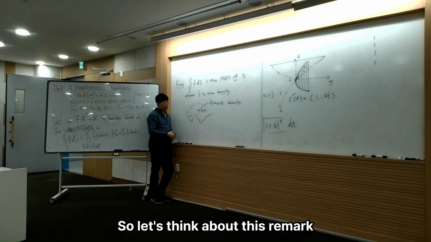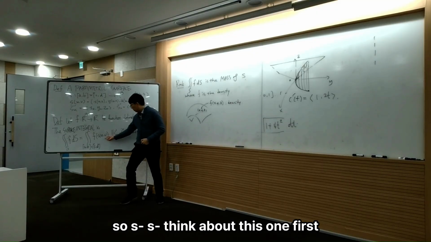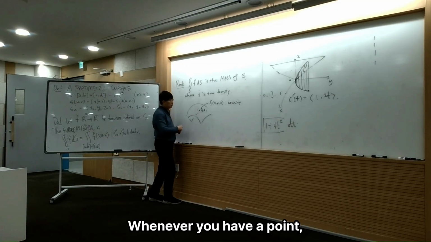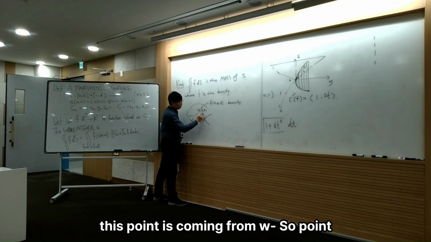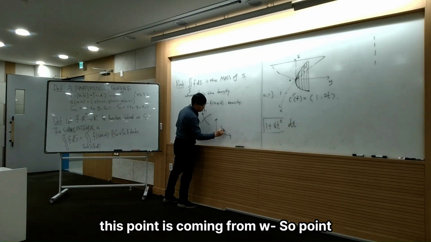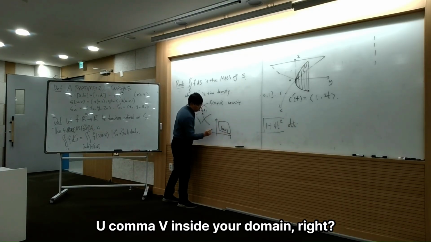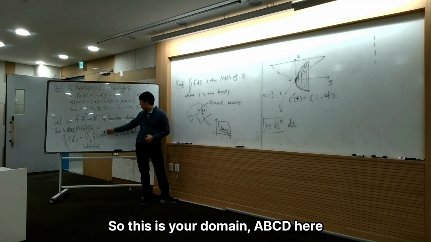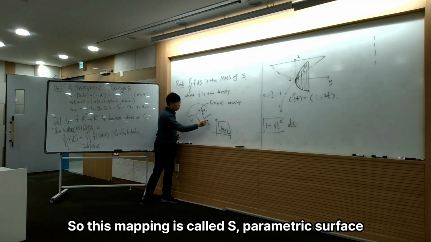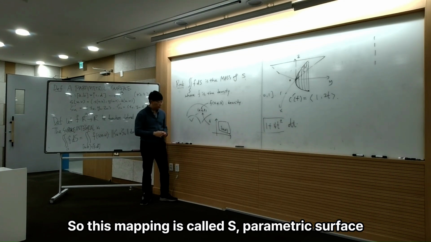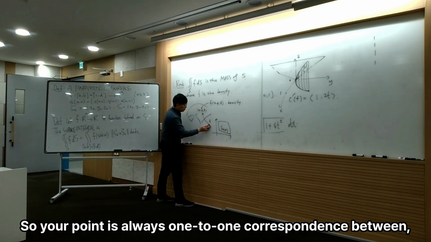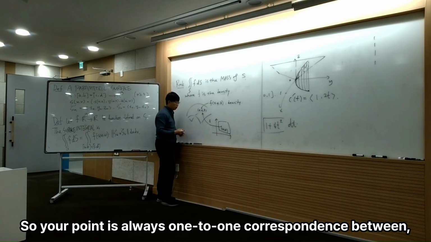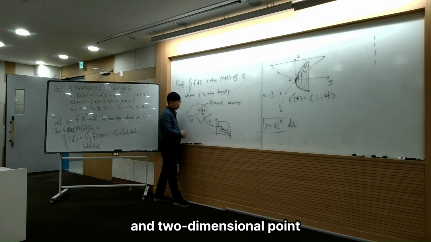Why is that? Let's think about this remark. Whenever you have a point, this point comes from a point (u, v) inside your domain. This is your domain [a,b]×[c,d] right here, and this mapping is called S, the parametric surface. So there is a one-to-one correspondence between the 3-dimensional point and the 2-dimensional point.